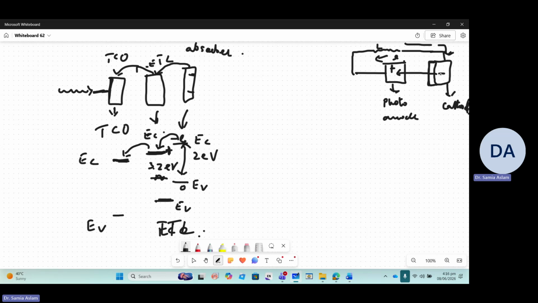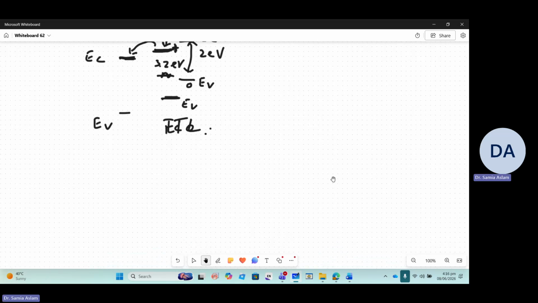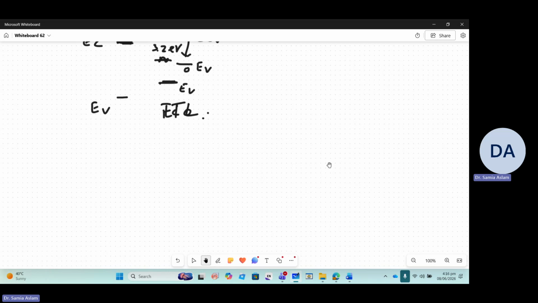And from here they will find holes, and those holes will carry them back to this photoanode. They will keep on jumping within the holes and then get back to the photoanode. It means that the energy will again become available for the photoanode because electrons will return to the cell after completing the circuit. So this is what is happening, right? Now that was the path of the electrons toward the left side.